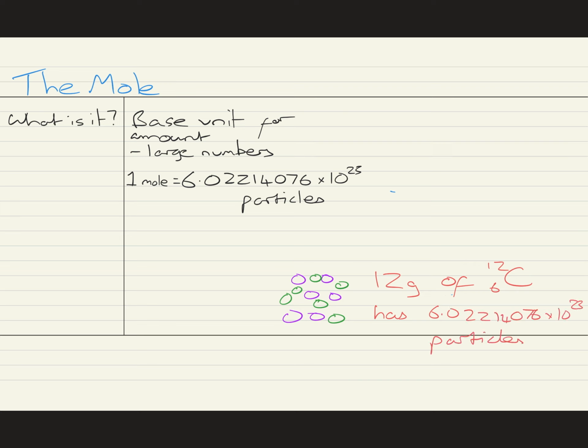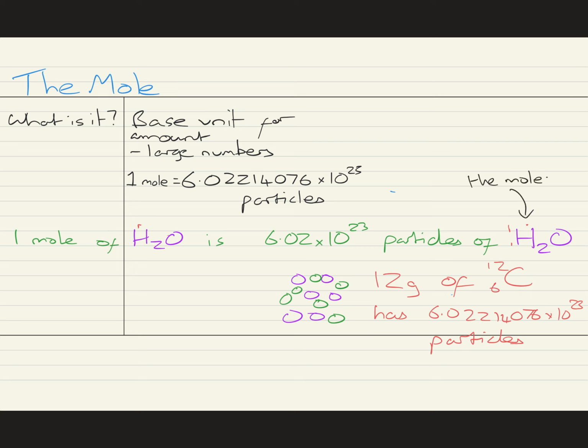Anyway, the important part is that we say that 1 mole of carbon is 6.02 times 10 to the 23 particles of carbon. 1 mole of iron is 6.02 times 10 to the 23 particles of iron. 1 mole of water is 6.02 times 10 to the 23 particles of H2O. That's 6.02 times 10 to the 23 particles as in molecules. So the number of individual nuclei, for example, could be 3 times that.